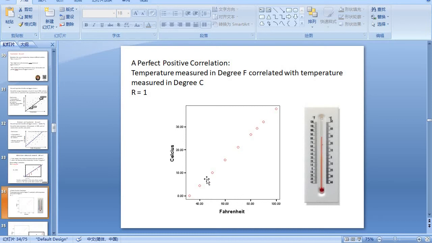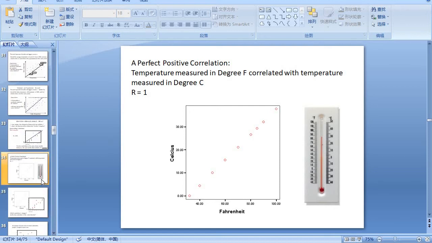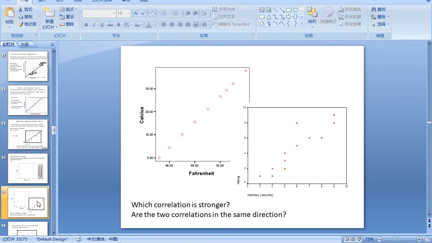The stronger the correlation, the more precisely you can predict the value of one variable if you know the value of the other variable. If you know the value in Fahrenheit, you can predict the value in Celsius degrees. This is the strongest possible positive correlation.